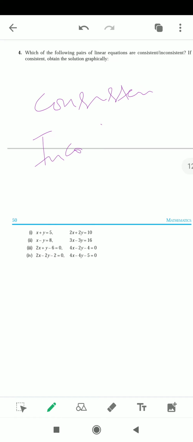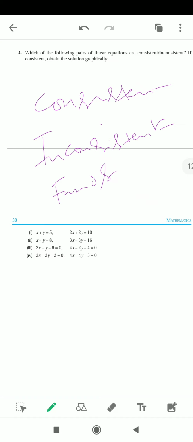Inconsistent. So of the given pairs of linear equations, which of them are consistent, which of them are inconsistent? If they are consistent, find the solution.